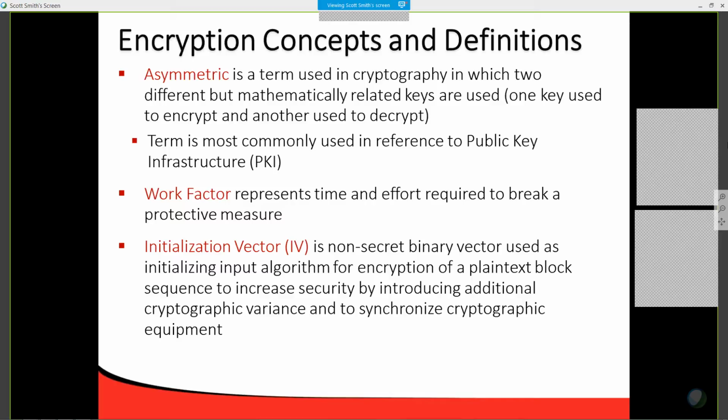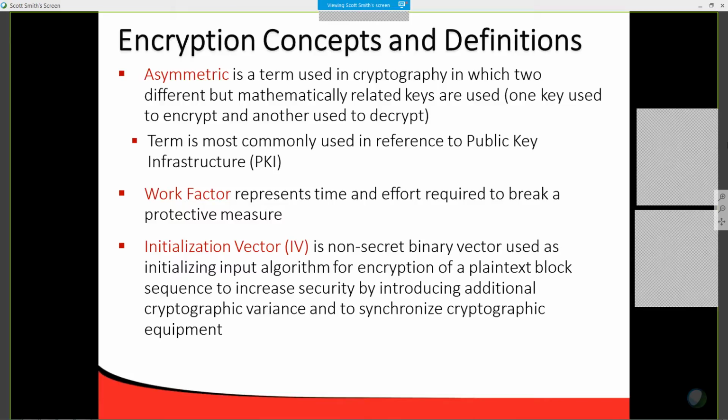Work factor is how much time and how many resources are required to actually break a cryptographic system. No cryptographic system is 100% foolproof, period. The goal is to ensure that it takes too long for us to break a system. Initialization vector, we can talk about that. It's a little bit beyond the scope of this class.